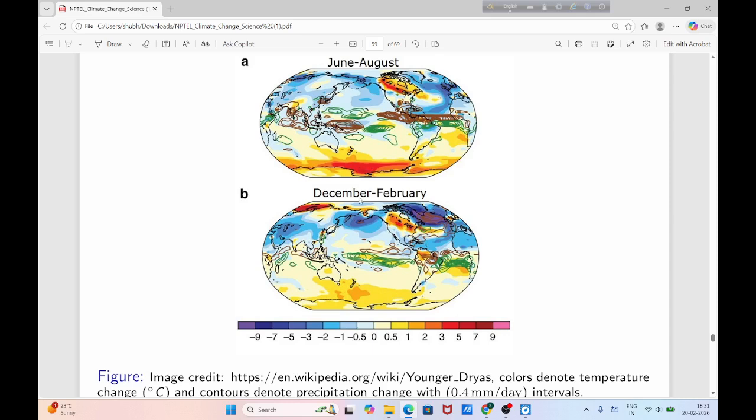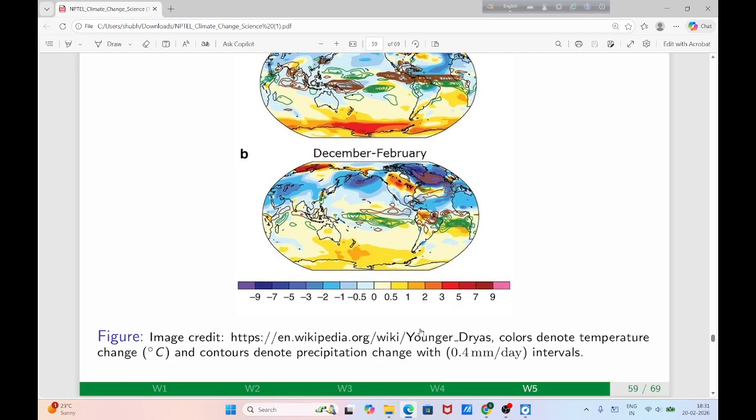Similarly, in December, January, February, when we experience the winter season, you can see that the temperature is abnormally lower in the northern hemisphere, especially towards the North Pole. Here also we can see higher temperature in the southern hemisphere. So overall, the northern hemisphere cooled and the southern hemisphere warmed in that time period of the younger Dryas.